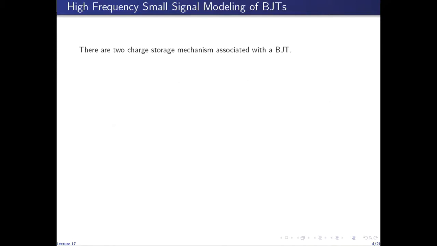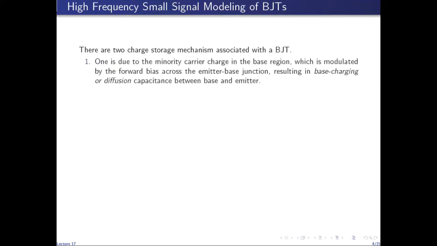So in a BJT, there are two charge storage mechanisms. So when the BJT is operated in the forward active mode as an amplifier, then the emitter base junction is forward biased. For an NPN BJT, the forward bias across the emitter base junction injects electrons from the emitter side into the base side.